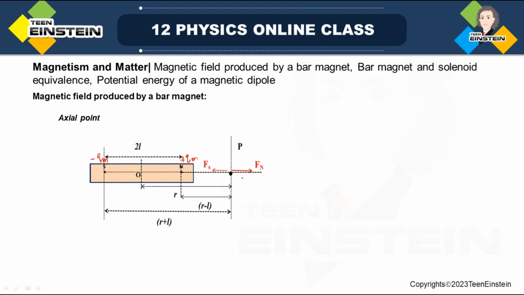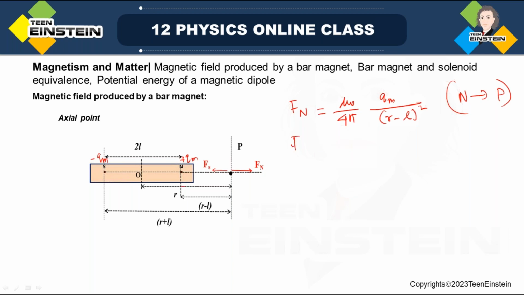Suppose the magnetic field produced by the north pole is Fn. It can be written as mu0 by 4 pi, qm by this distance, which is r minus l whole square. It is acting from N to P.